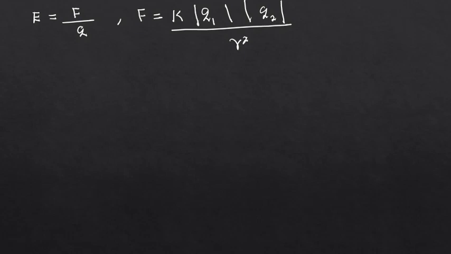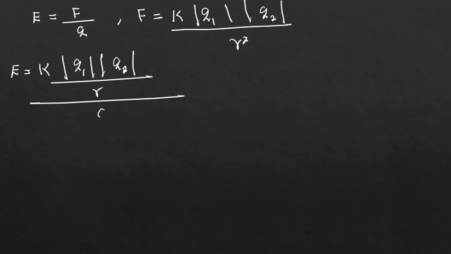This can also be written as the electric field is equal to, notice that we can replace where there is F with K, Q1, Q2 over R squared, all over the charge 1.